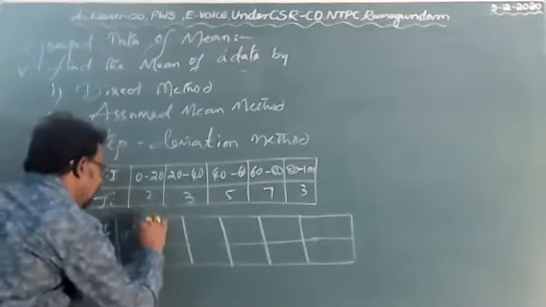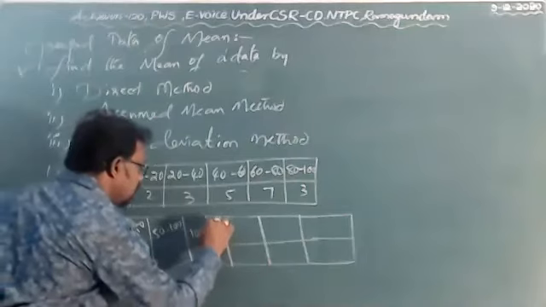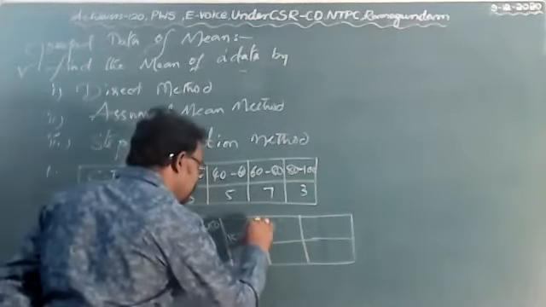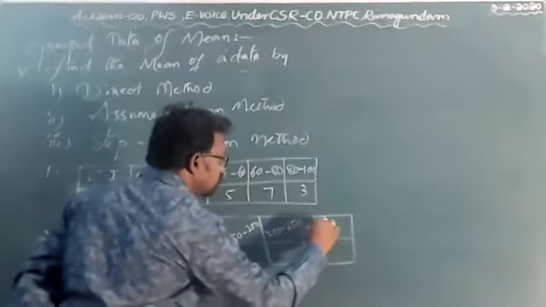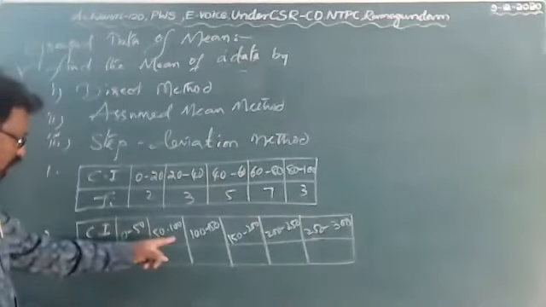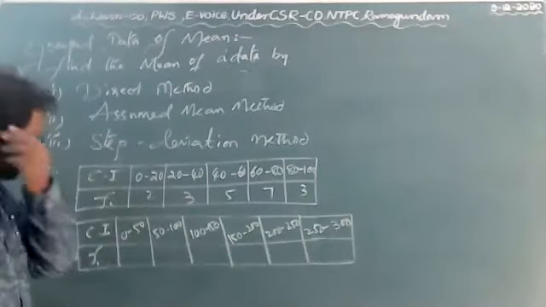Another question. 0 to 50, 50 to 100. What is the gap here? 50 is the gap you can see here. 0 to 50, 50 to 100, 100 to 150, 150 to 200, 200 to 250, 250 to 300.